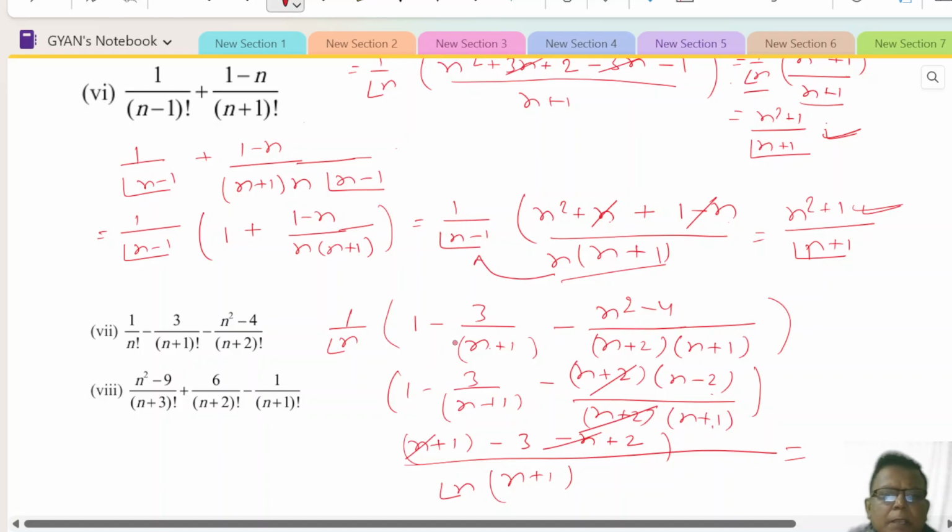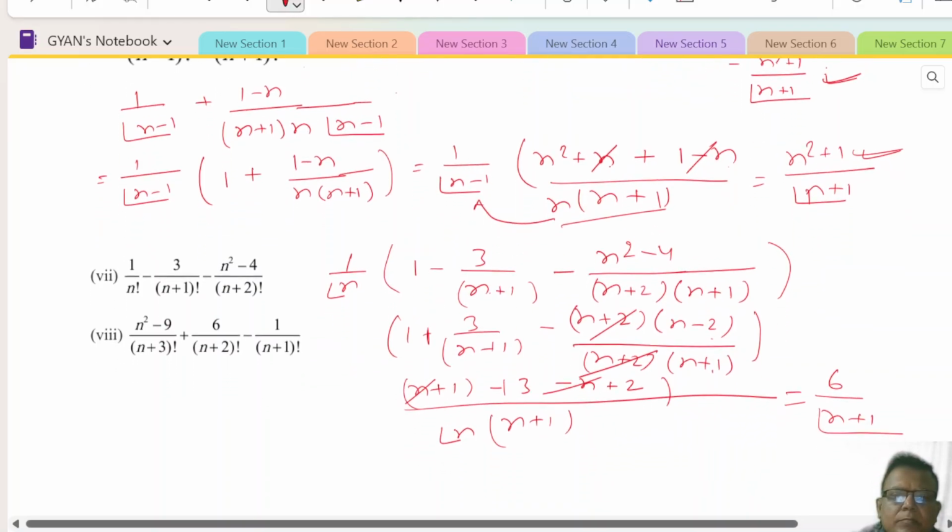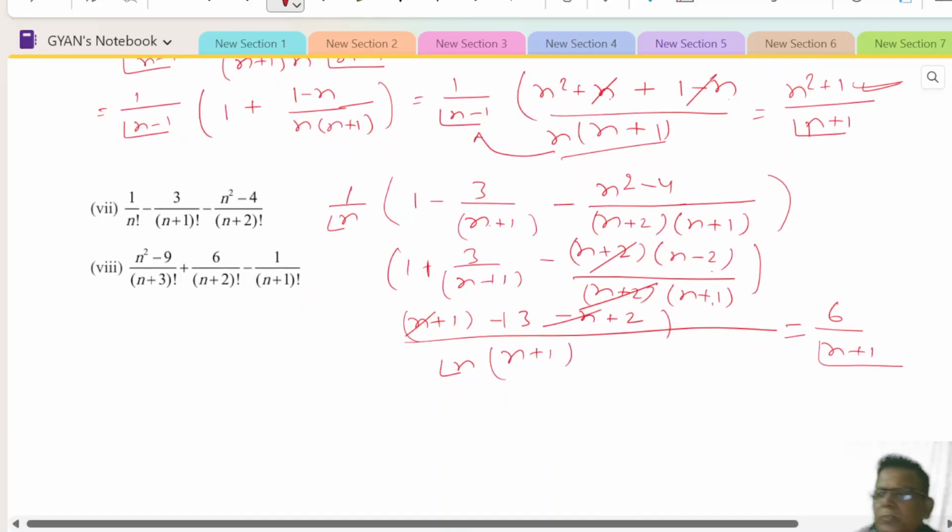This is 3. This will become 0. Actually, this will be positive. Otherwise, it will become 0. If this is positive, then this will be 6 by factorial n plus 1. This will be positive.